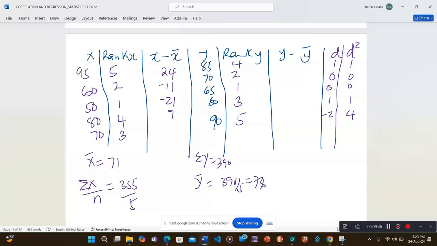This one you get negative 1. For y, 85 minus 78 is 13. 70 minus 78, negative 8. 65 minus that, you get negative 13. Then 80 minus that, you get 2. 90 minus that, you get 12. So that is done.